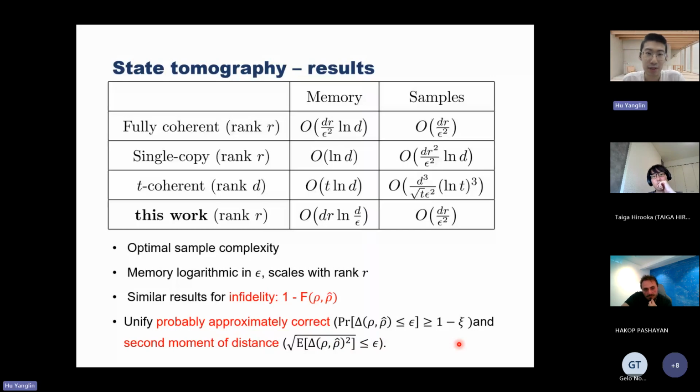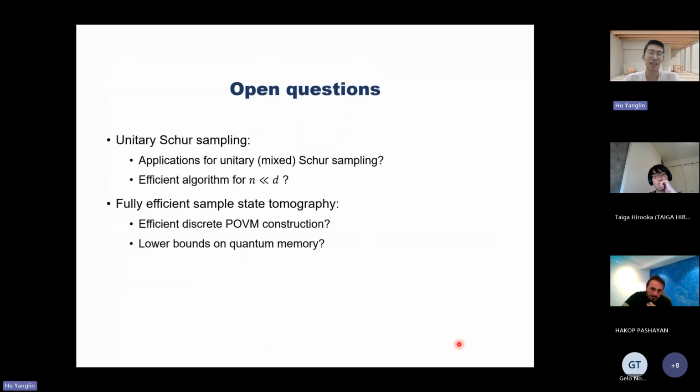Okay, so basically that's what we have done, and there are still some open questions. For the unitary Schur sampling part, one open question is whether we have some applications for the unitary mixed Schur sampling.